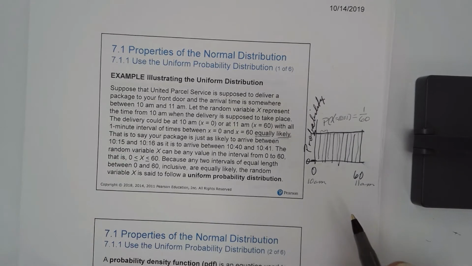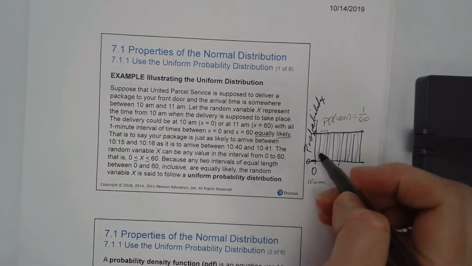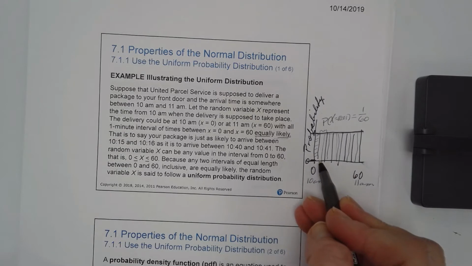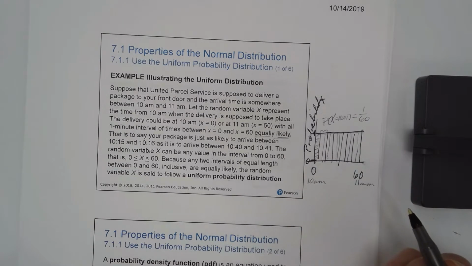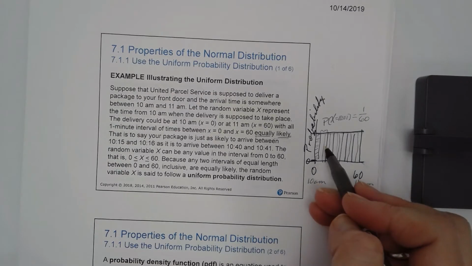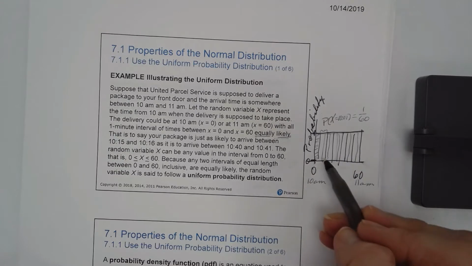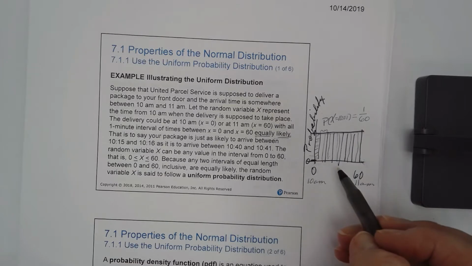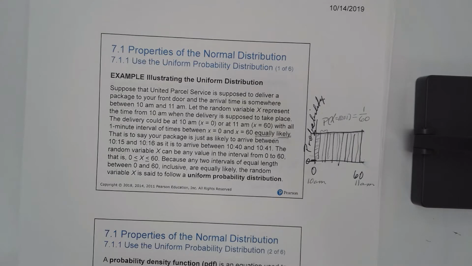All right, so remember the total area under the graph. Each bar represents a probability from 0 to 1. So the probability of being delivered from 10 to 10:01 is the area of that bar. If we have possible outcomes of 0 through 60, and we add up all their probabilities, what should they add up to? 1. So that means the area under this whole thing is 1.